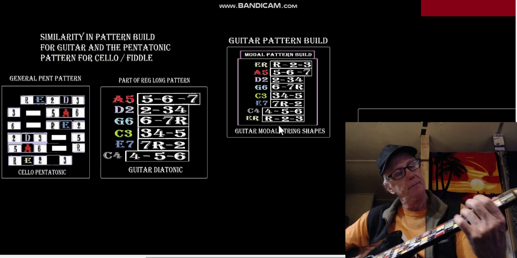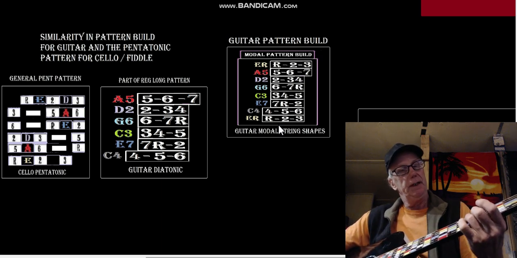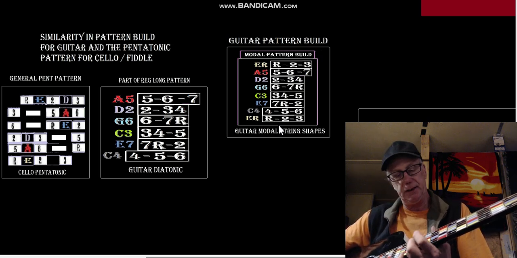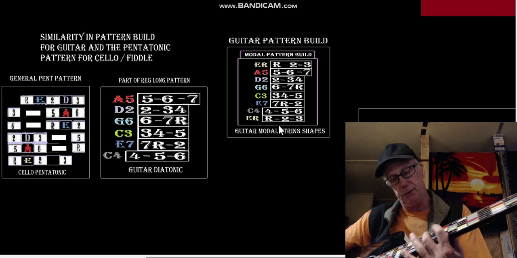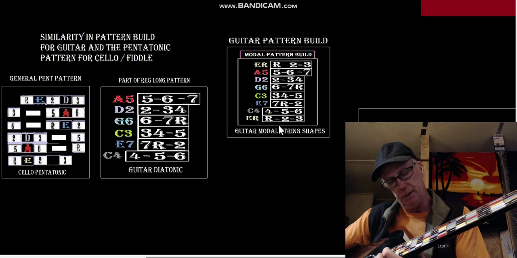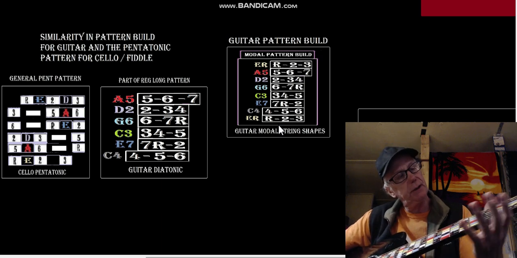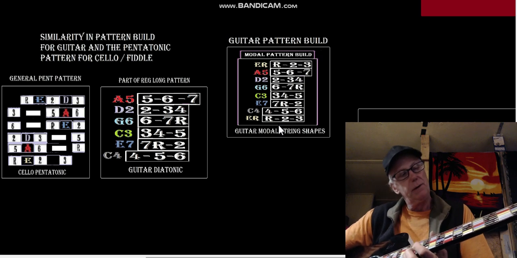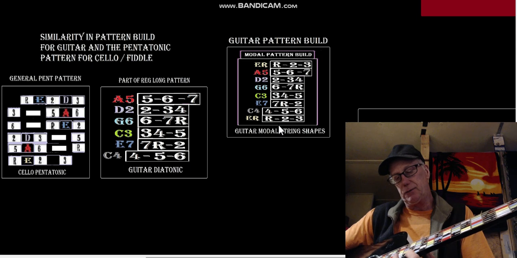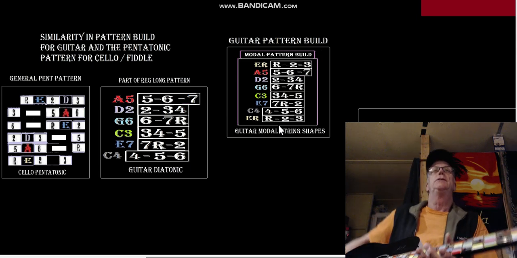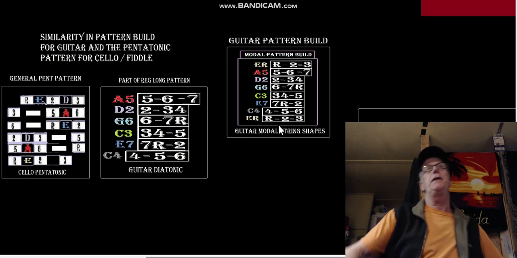So the E string has a root 2, 3 in C, and in the other keys. The A string has a root 2, 3. The D string has a root 2, 3. The G string has root 2, 3. The B string has root 2, 3. And the E string. So all the strings have root 2, 3.